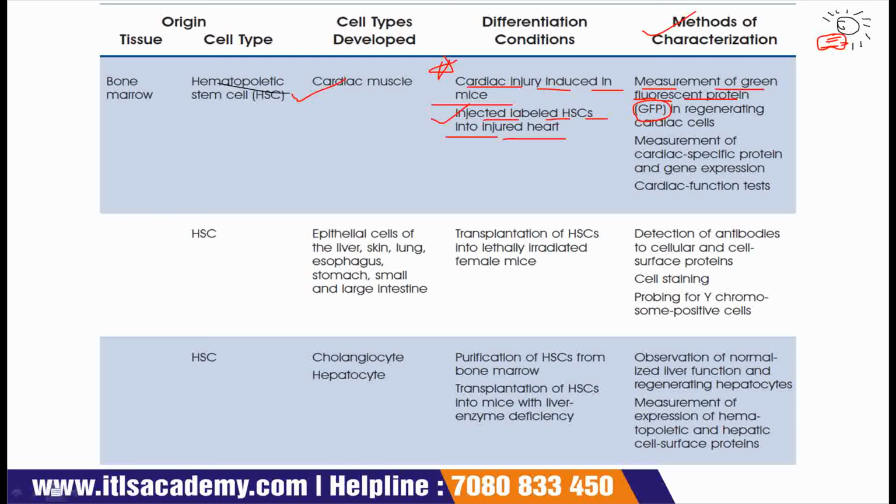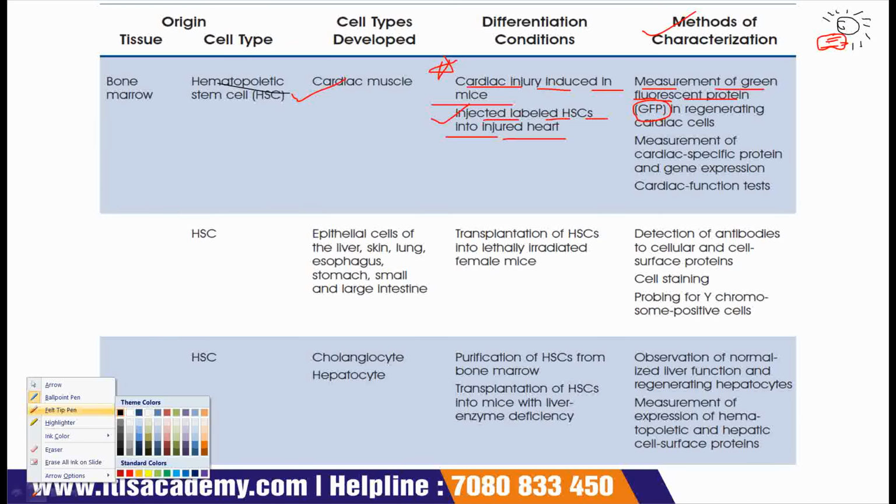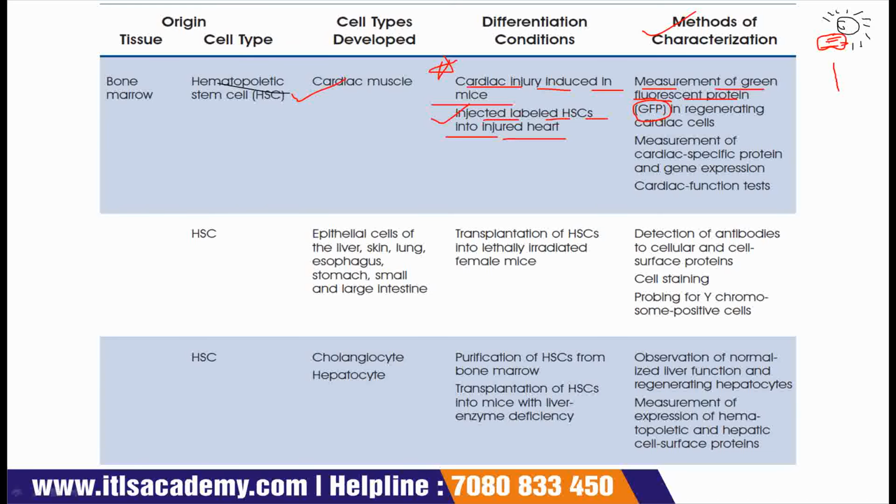So whenever we characterize this particular protein, it will glow. It will glow green, this fluorescent protein. Here I am showing you in black color, so this protein will glow in black color.